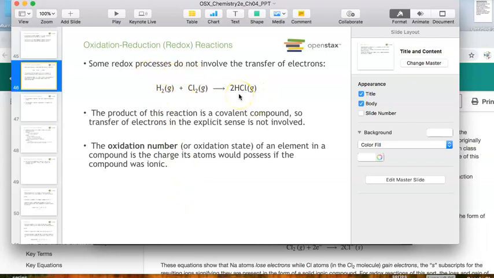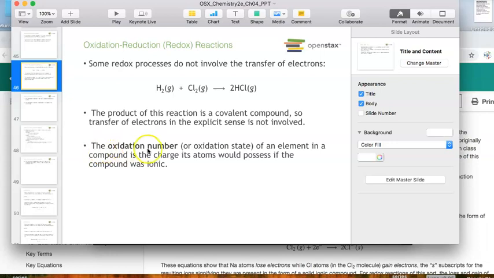Then we have HCl, a covalent compound, so you're not going to have charges associated with the molecules because it's a sharing of electrons, not a transfer. Remember, you only get a transfer of electrons when you're talking about ionic compounds.